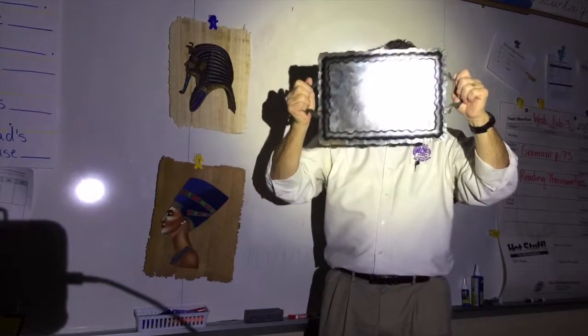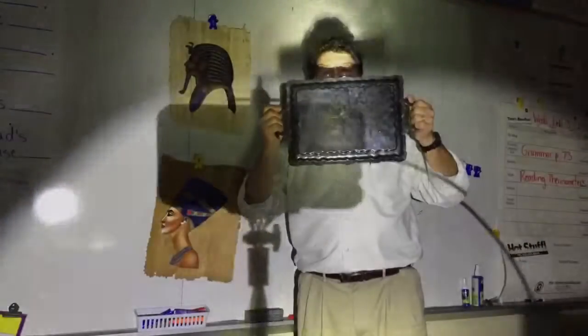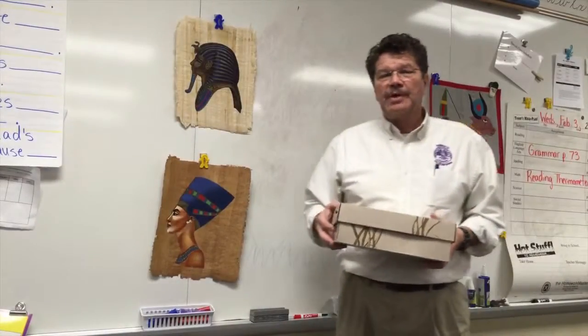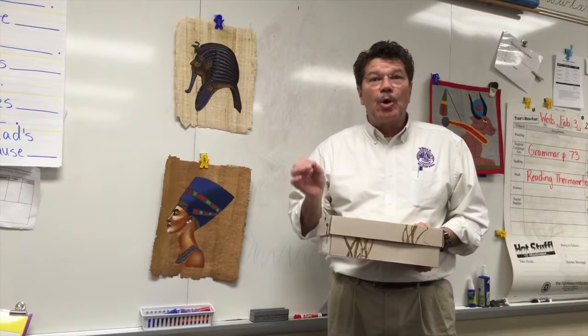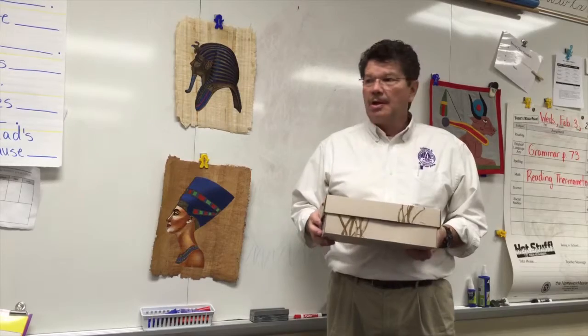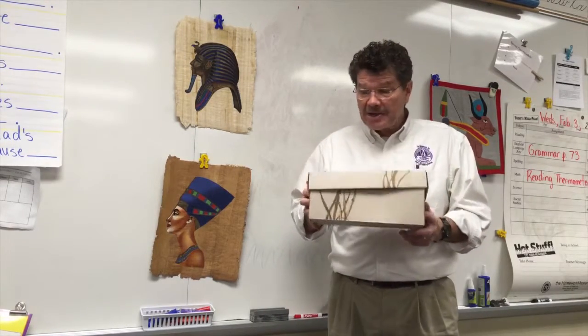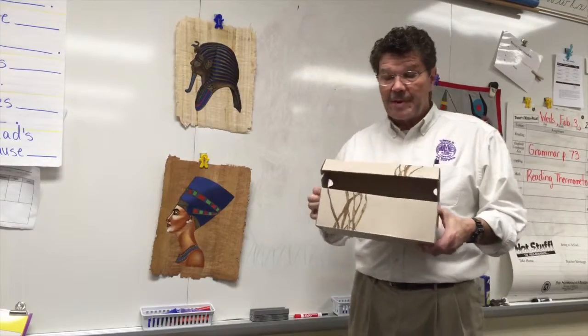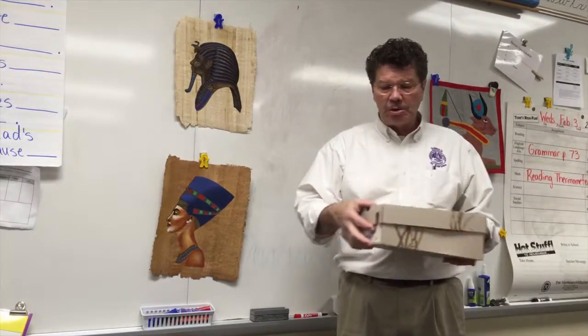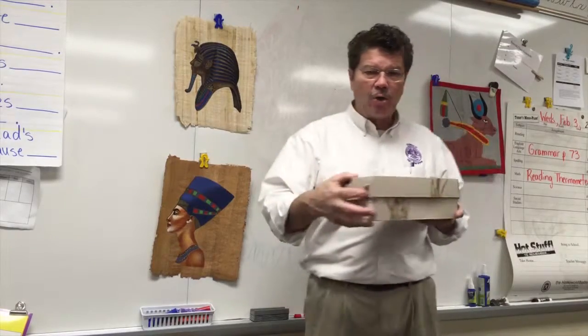Okay, all right, so let's take a closer look at these Egyptian tombs. We're going to try to explore an Egyptian tomb, and we're going to make an Egyptian tomb out of a shoebox. Everybody's going to get a shoebox that has a hole right here on the bottom and a hole right here.